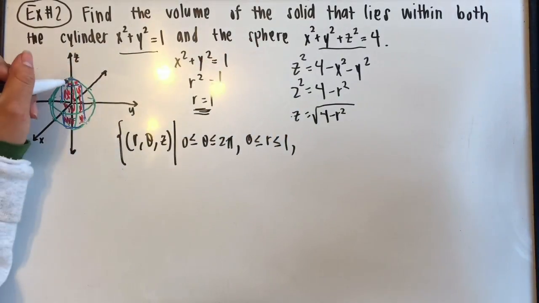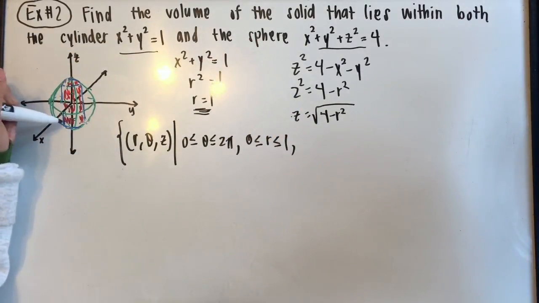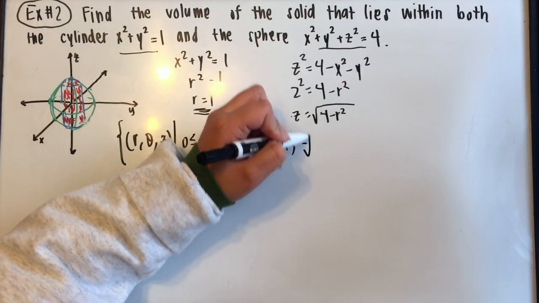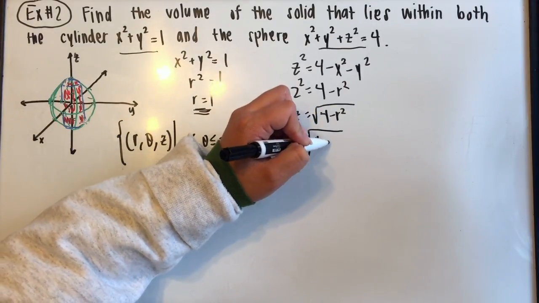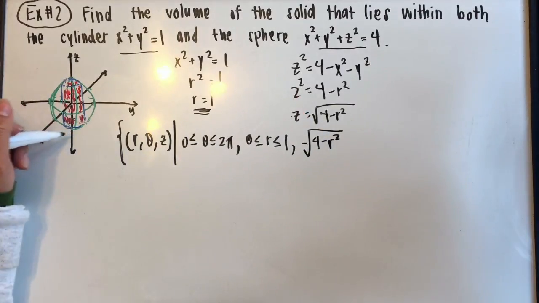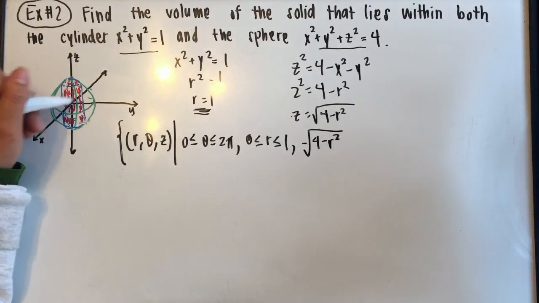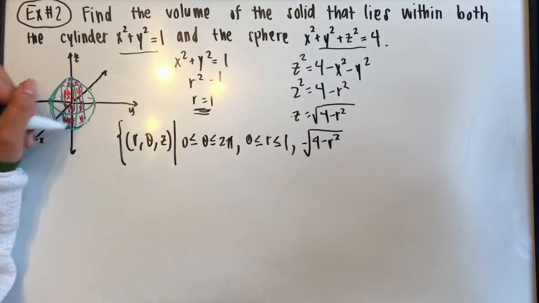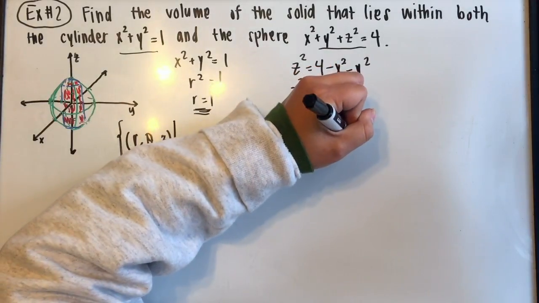This is basically the same equation of the sphere. So our boundaries from low to top are this and this, both from the sphere. The lower one is going to be negative the square root of 4 minus r squared, because it's below z equals 0, so it's negative z.